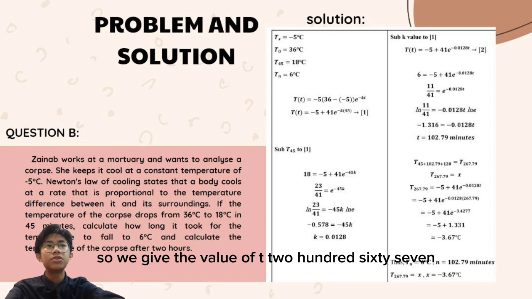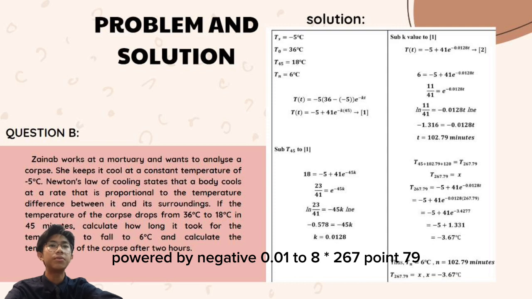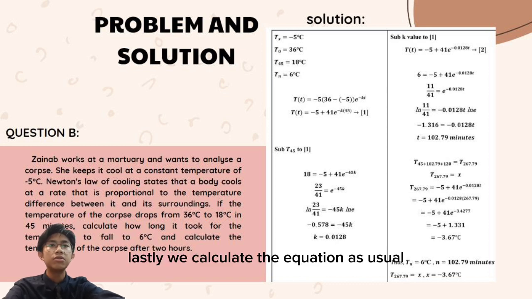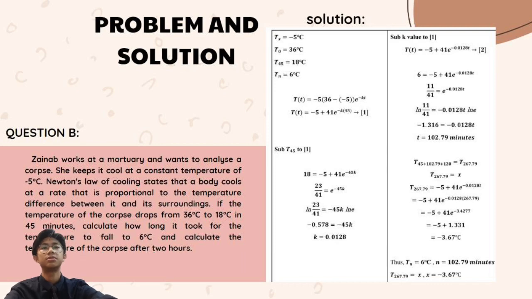So we take the value of T267.79 as x. Then substitute the time into equation 2 and get negative 5 plus 41 exponent negative 0.0128 times 267.79. Lastly, we calculate the equation as usual and we will get negative 3.67 degrees Celsius.